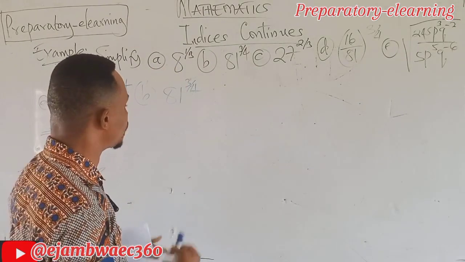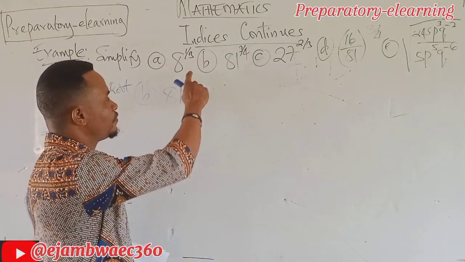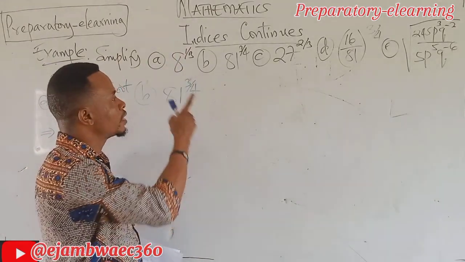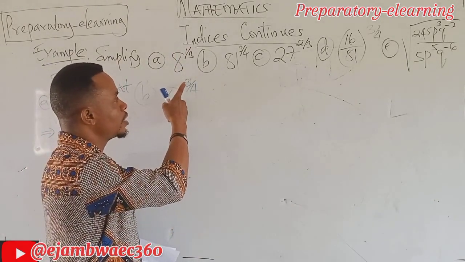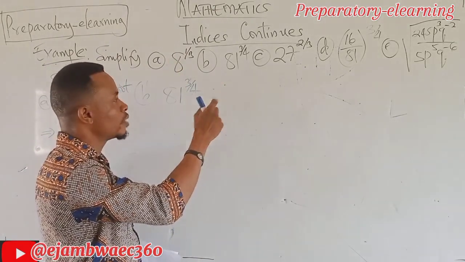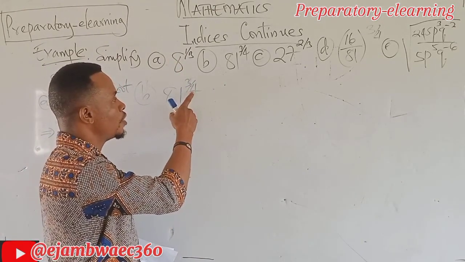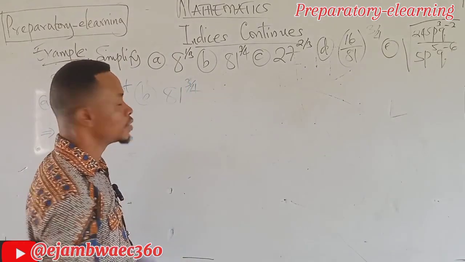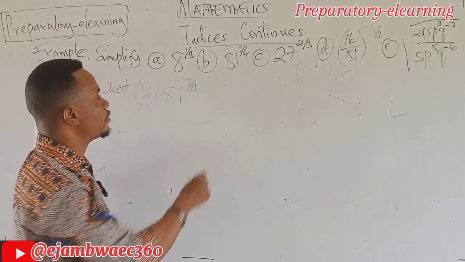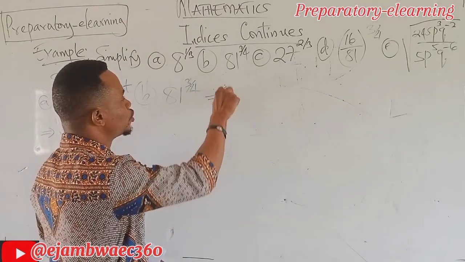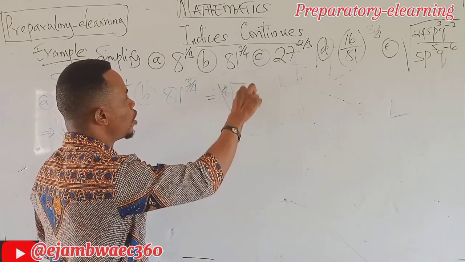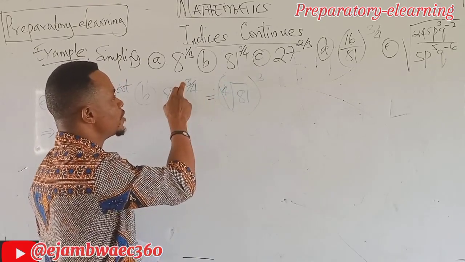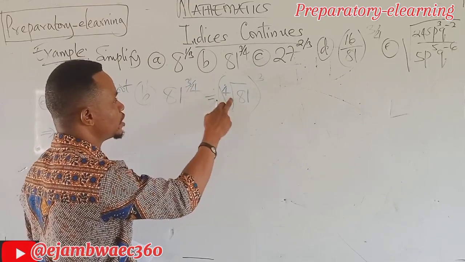In this law, when you have a fraction as the index, always remember that the numerator of this fraction represents the power, whereas the denominator here, 4, represents the root. And in this case, we have the 4th root. So how do we do that? This is going to be 4th root of 81 all into power 3. The numerator is the power, the denominator is the root.